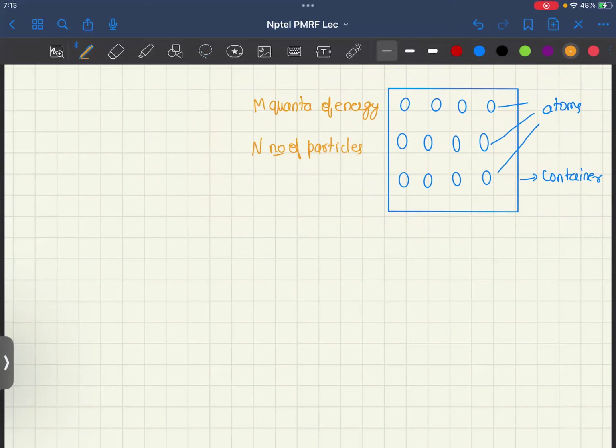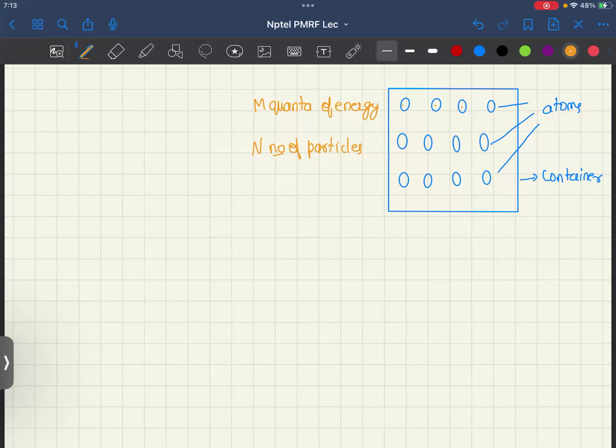Let's say this molecule gets one quanta of energy, this molecule gets three quanta of energy, this molecule gets five quanta of energy, and so on and so forth, right? So now what we have to do is find the most probable distribution. That means what is the probability of this system, right?